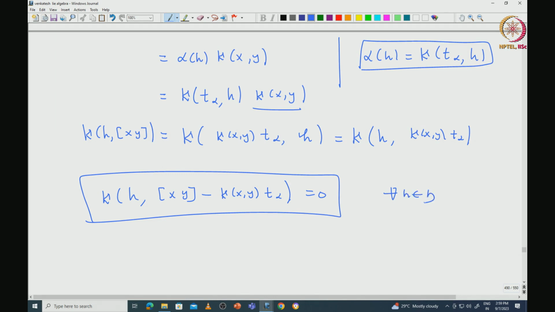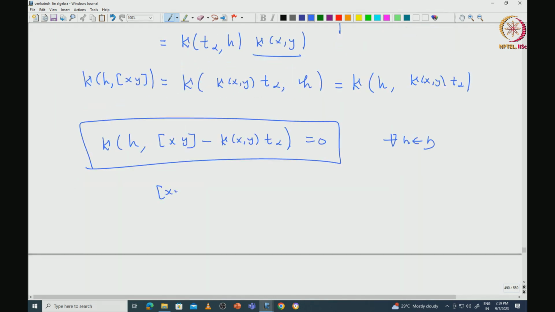That means this element, bracket x y minus kappa of x comma y t alpha, which is an element of h, lies inside the radical of kappa when you restrict to h. But we know that kappa restricted to h is non-degenerate, so the radical of kappa with respect to h is 0. That proves that bracket x y minus kappa of x comma y t alpha must be 0.